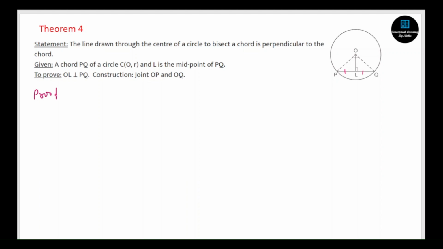Let's see. What I can say, we constructed OP and OQ. Now we can see these two triangles. In triangle OPL and triangle OQL, what can I say? Yes, OP is equal to OQ, radii. Then yes, OL is common.